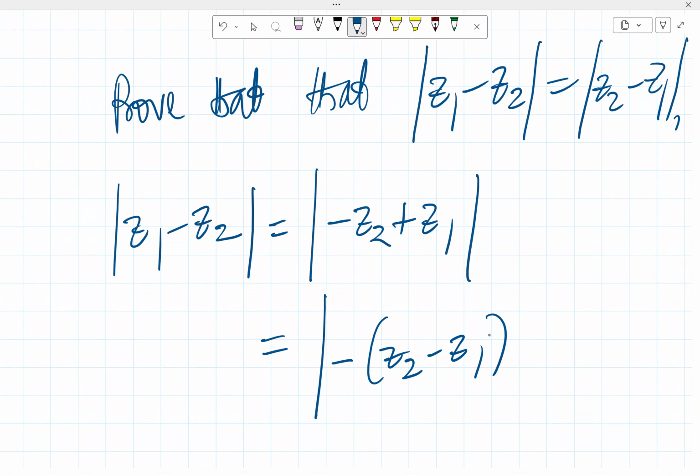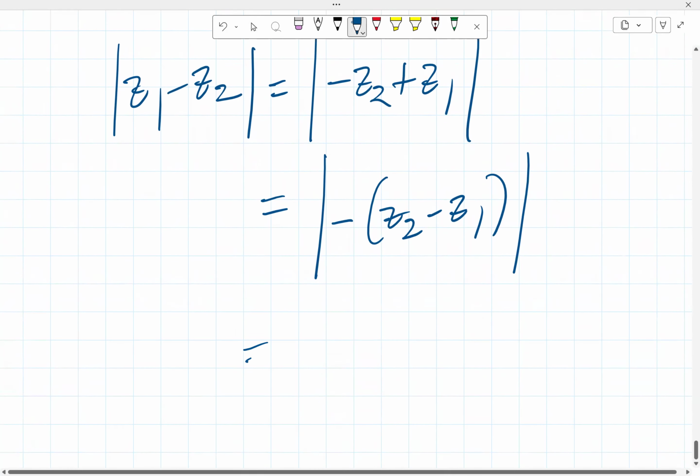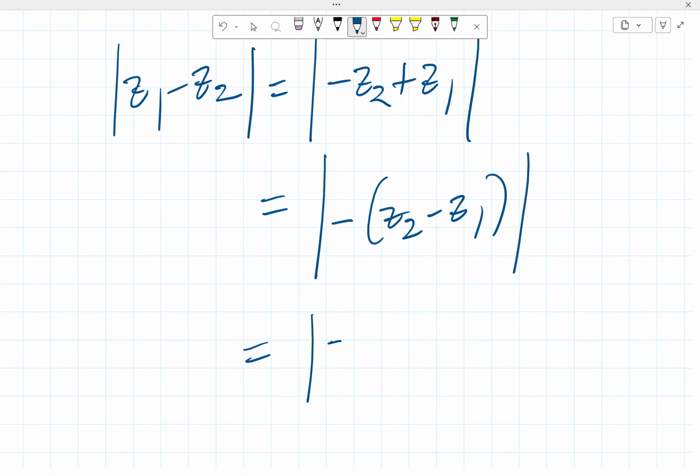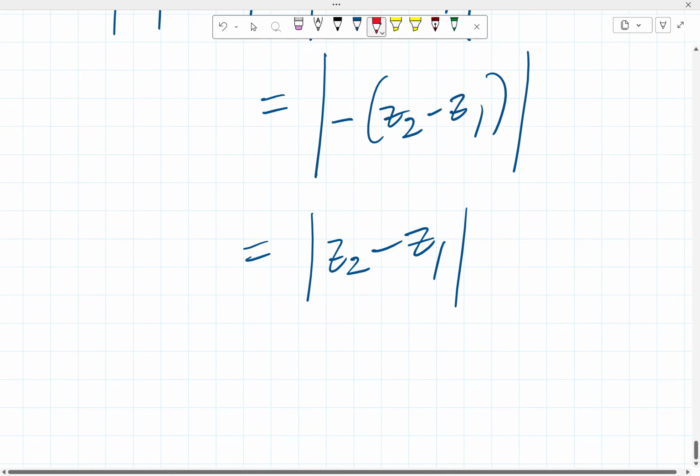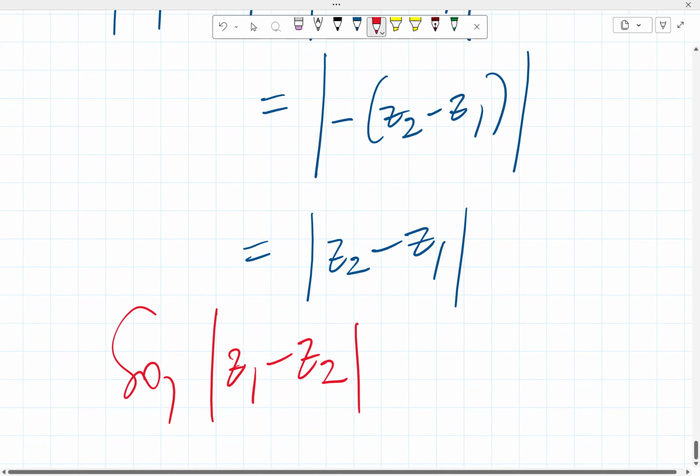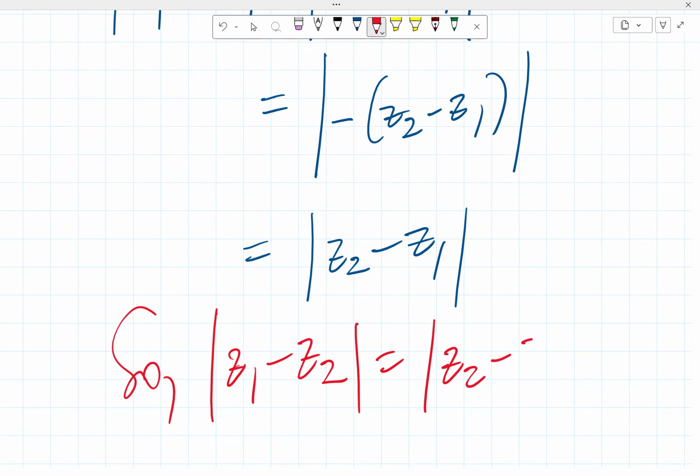This is minus Z2 plus Z1. Still, nothing has changed. Since we are taking the absolute value of everything, we can just move the minus out. So that means we have the absolute value of Z2 minus Z1. It's a very straightforward proof because with absolute value the minus doesn't matter. So the absolute value of Z1 minus Z2 is equal to the absolute value of Z2 minus Z1.